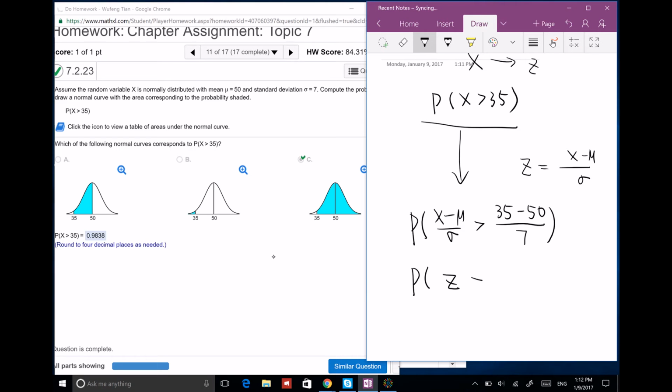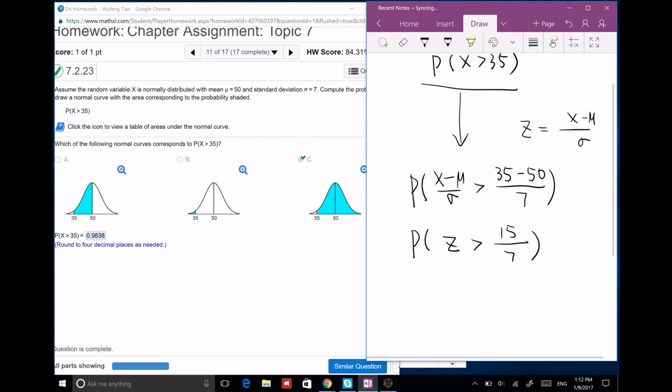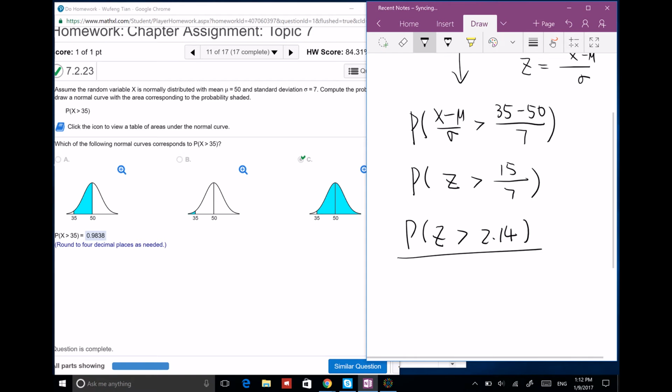So now I convert this normal distribution into a standard normal distribution. So z bigger than negative 15 over 7, which is negative 2.14. This is not something new.